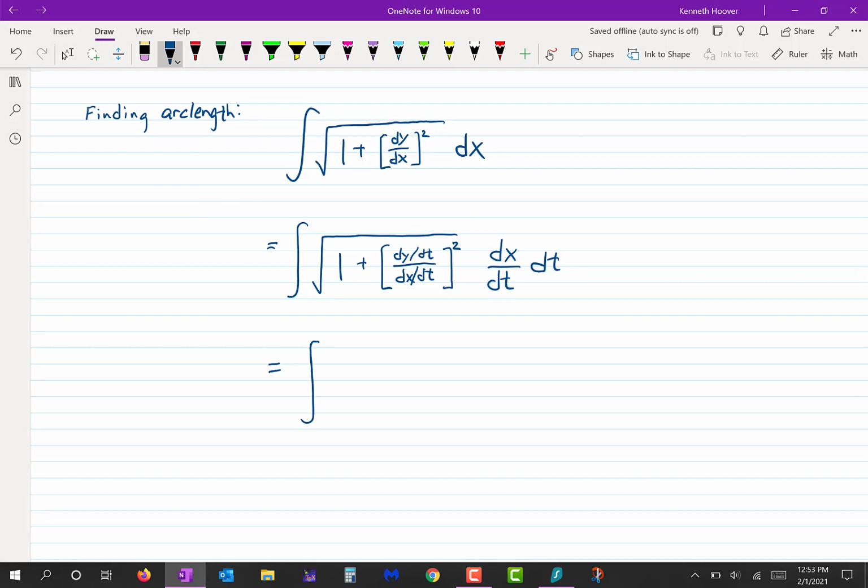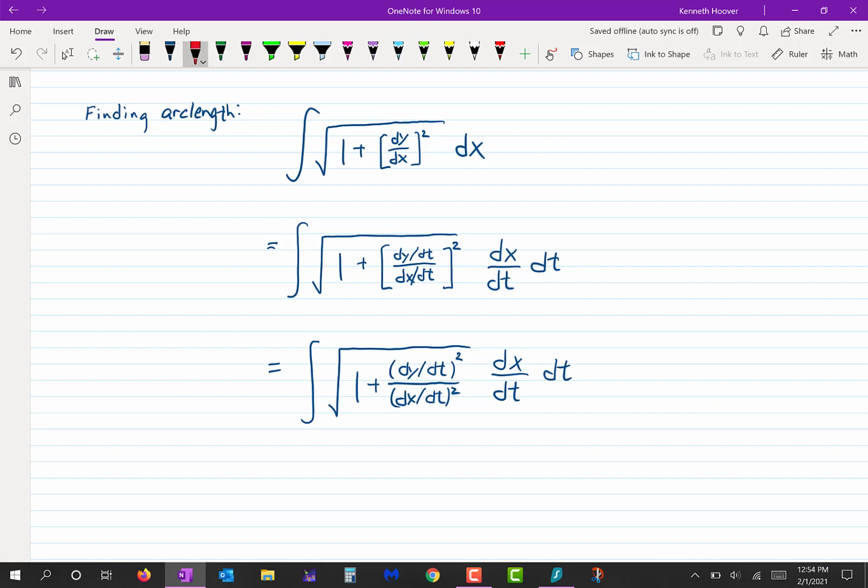So we're going to have 1 plus (dy/dt) squared divided by (dx/dt) squared, correct? And then I have this dx/dt and then a dt.